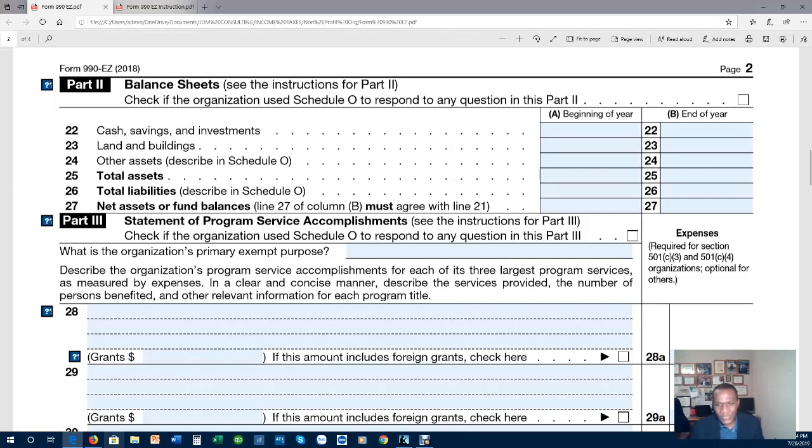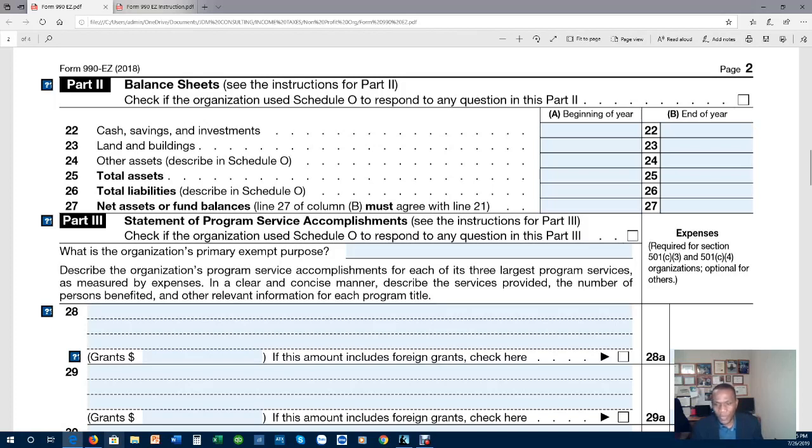You must describe the organization's program service accomplishments for each of the three largest program services as measured by expenses in a clear and concise manner. Describe the services, provide the number of persons benefited, and other relevant information for each program service. If you have a food pantry, and this program is one of the largest programs, then you would describe the program here.